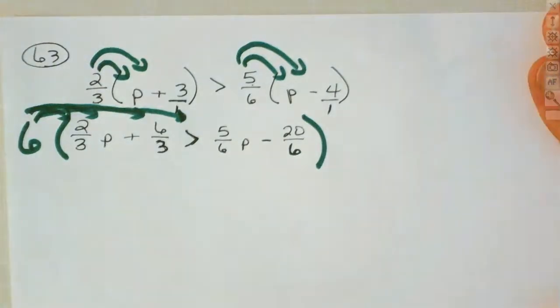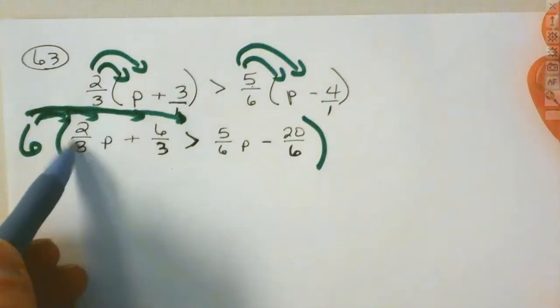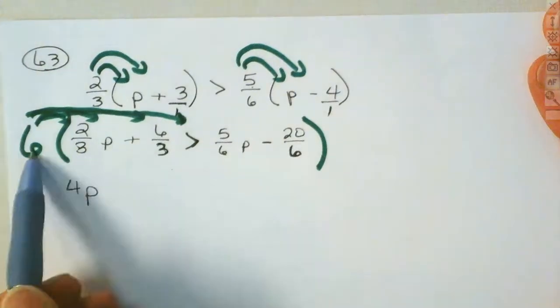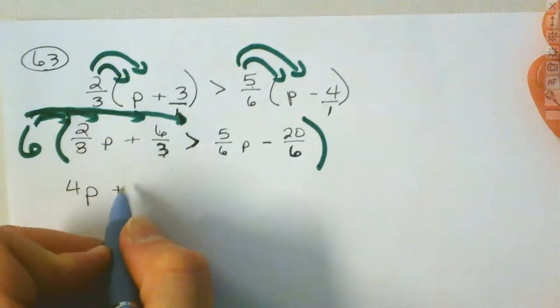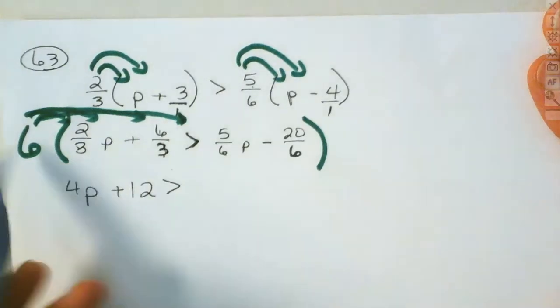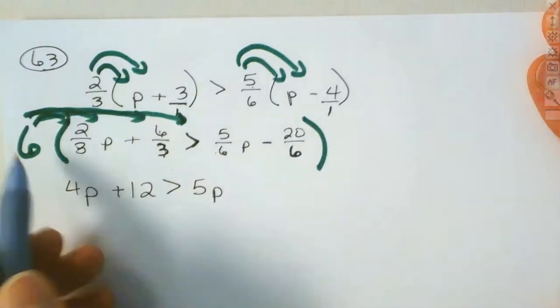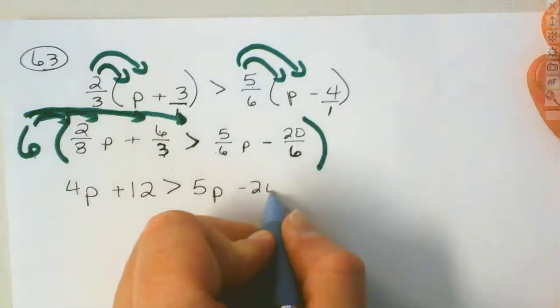So 6 divided by 3 is a 2, times 2 makes a 4p. 6 divided by 3 is a 2, times the 6 makes a 12. 6 over 6 goes away, makes it a 5p. 6 over 6 goes away, makes it a negative 20.